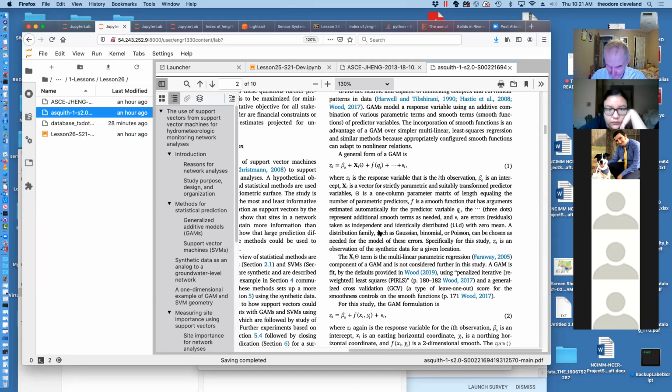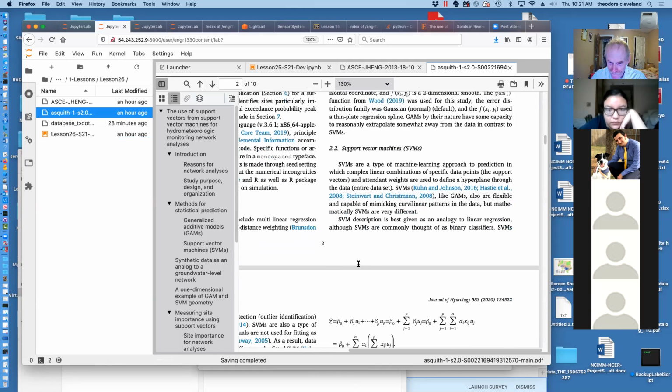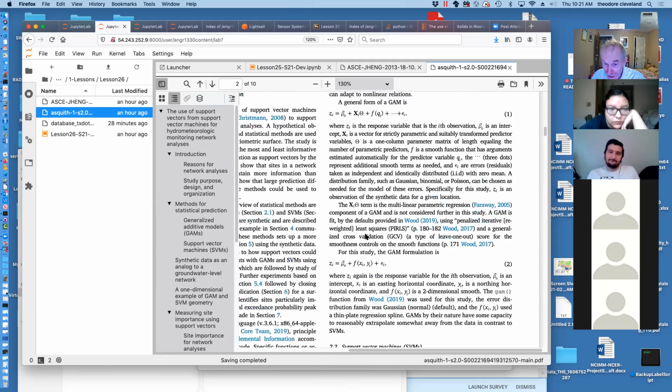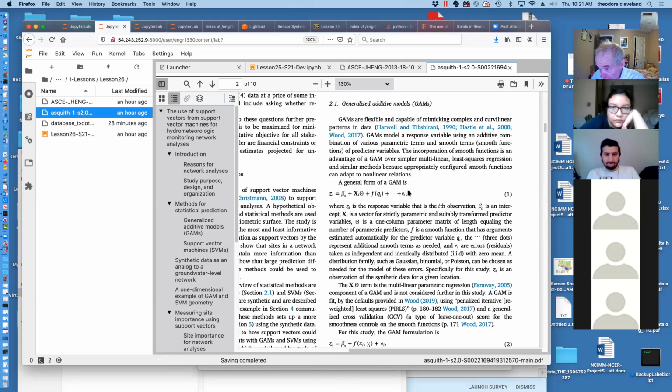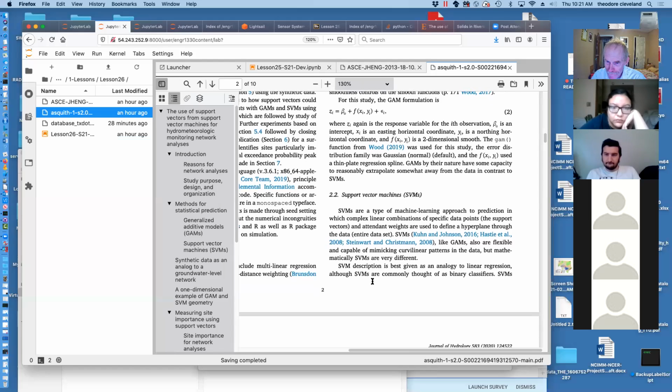And then a variety of methods are used to find values for that function. So a support vector machine, you're going to learn a little bit about that from Farang, who I think is back with us now, is a type of machine learning tool where a complex linear combination of predictors, which are called the support vectors, and the varying weights are used to define a hyperplane through the data.